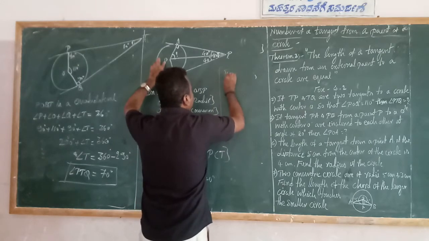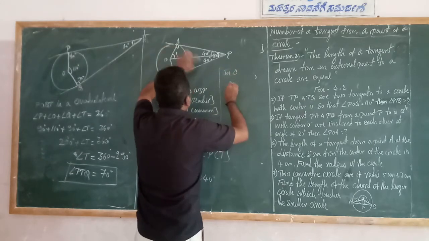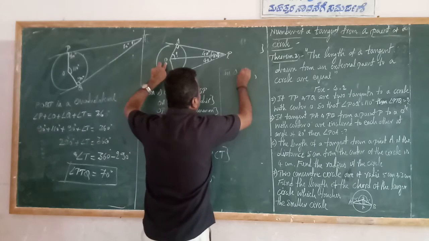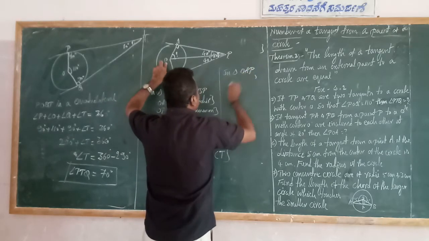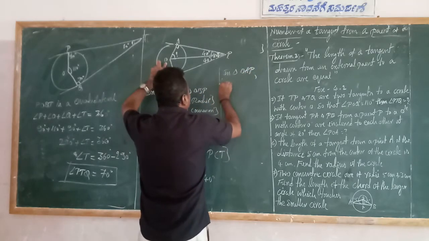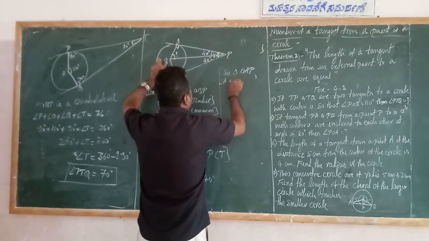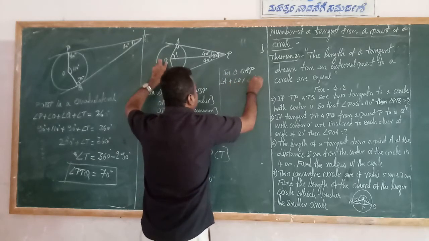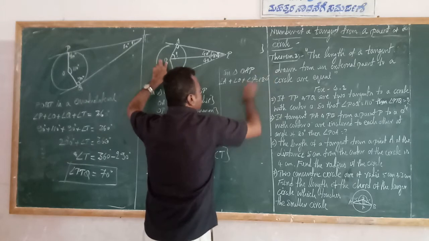So in triangle OAP or OBP, we can take any one. I am taking OAP. Here angle A plus angle O plus angle P is equal to 180 degrees because of the angle sum property.